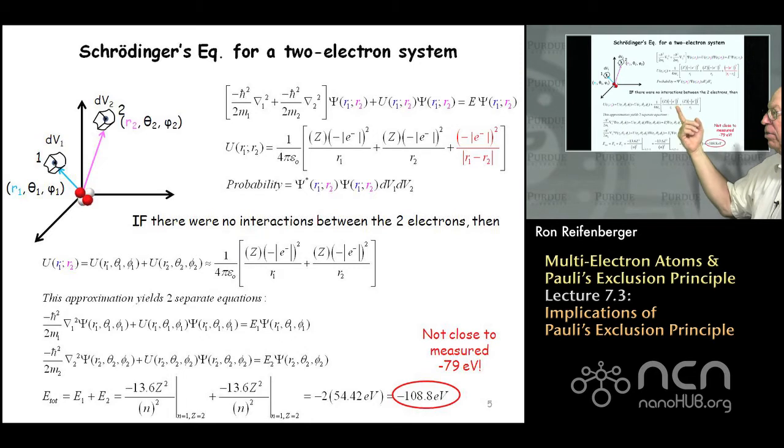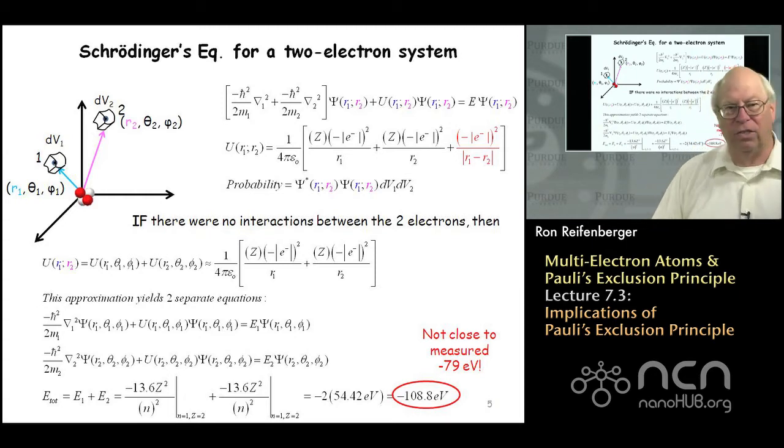And it turns out when you substitute this form for U back here into Schrödinger's equation, you can then separate Schrödinger's equation into two separate differential equations. One equation just describes electron 1. The other equation just describes electron 2. And so these two equations are referred to as single particle equations, right?